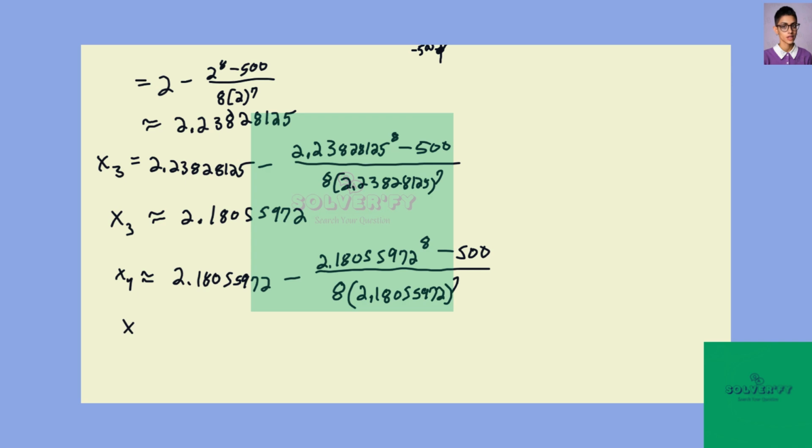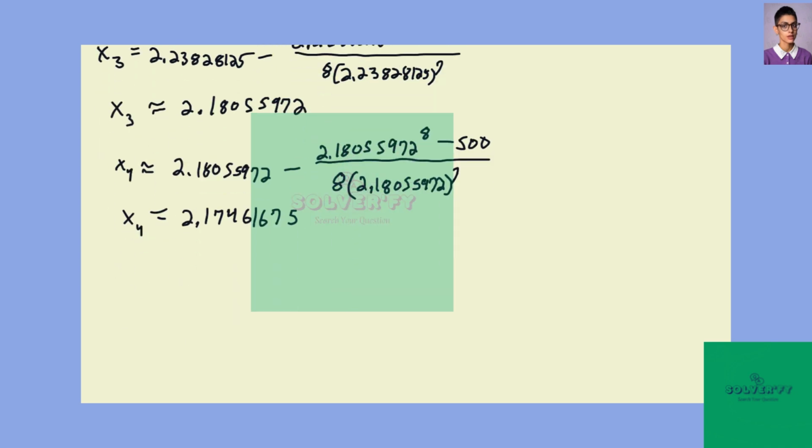And that gives us the fourth x value to be 2.174661675.